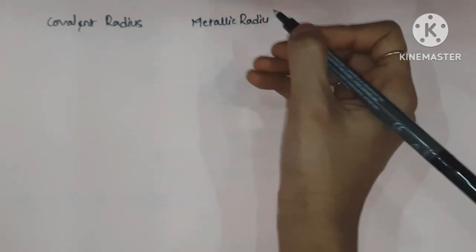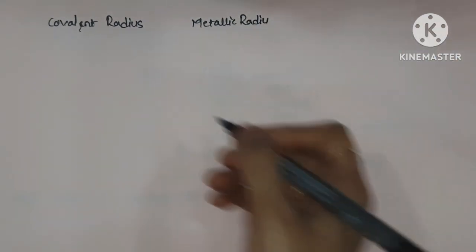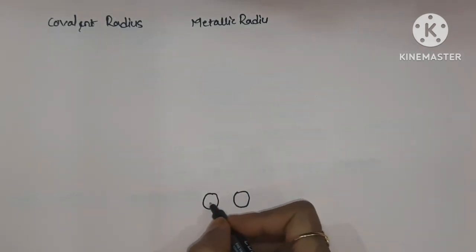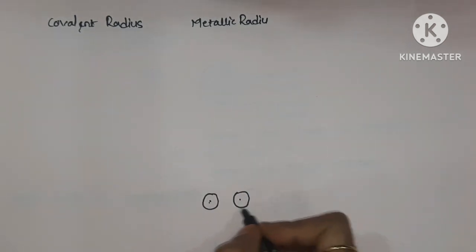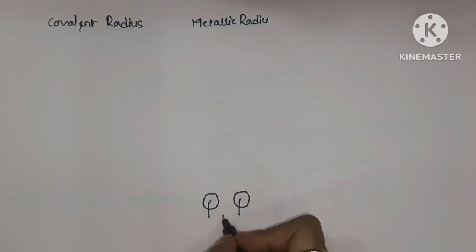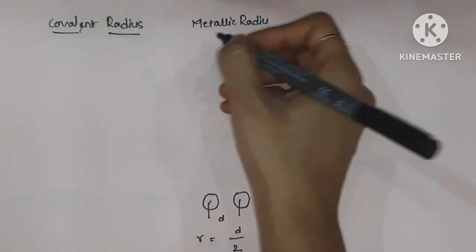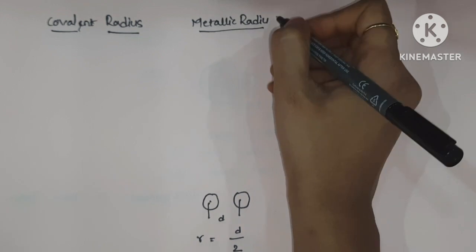What I have said: the distance from the nucleus of one atom to the other atom is denoted by d. So r is equal to d by 2. This is the formula for calculating the radius of an atom. So let us discuss covalent radius and metallic radius.